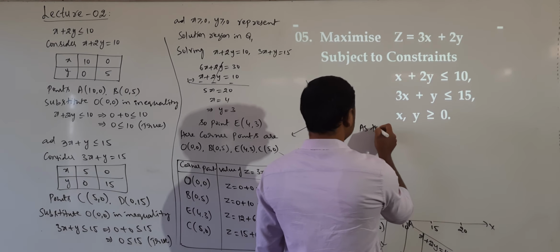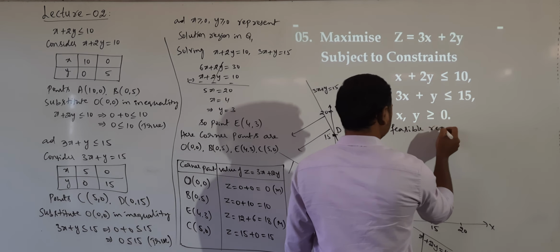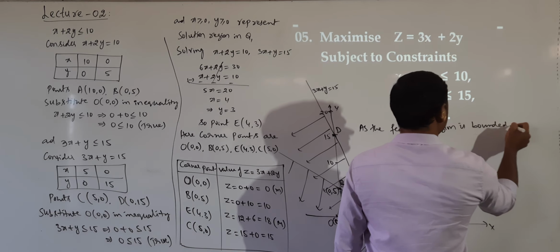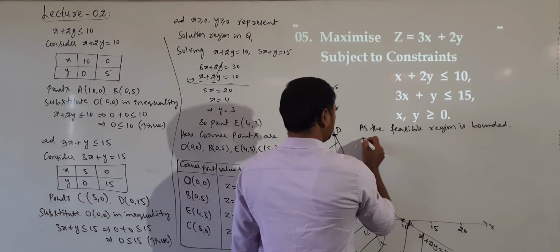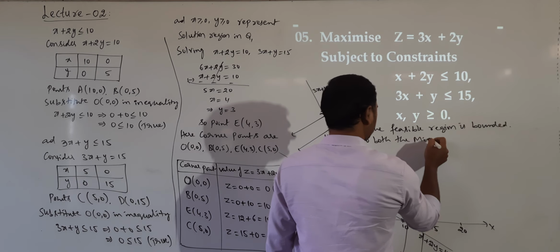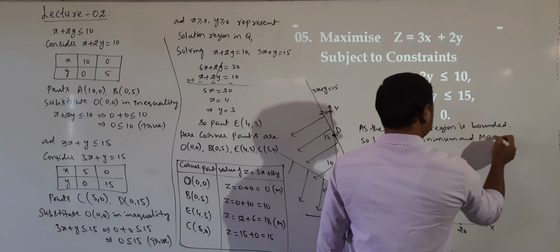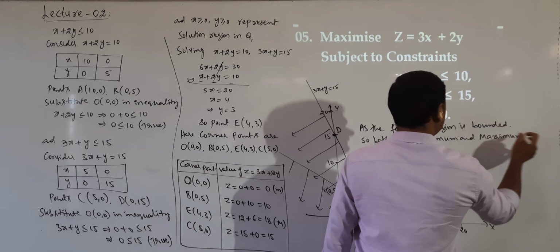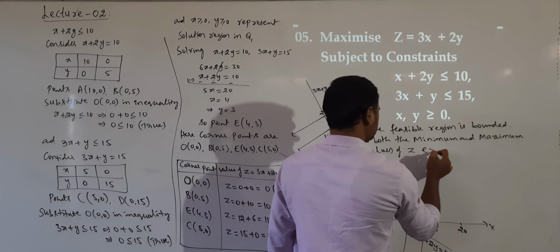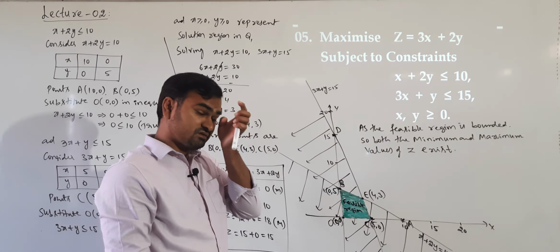As the feasible region is bounded, both the minimum and maximum values of z exist.